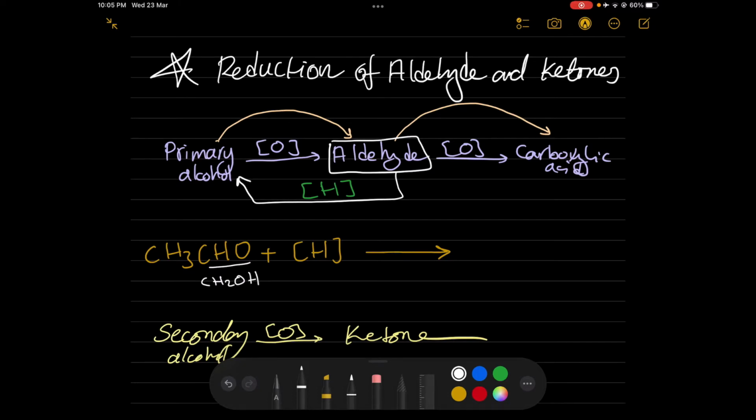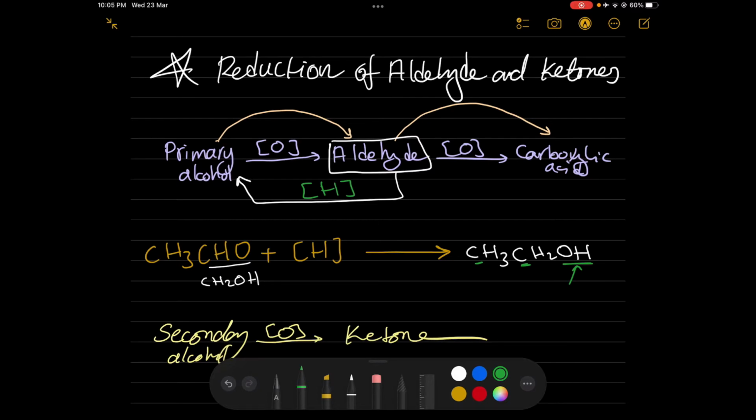So the compound produced here, CH3CH2OH, is a primary alcohol. You just notice that the hydroxyl group, the OH, is bonded to a carbon, and this carbon is bonded only to an alkyl group, and that's why it is a primary alcohol.